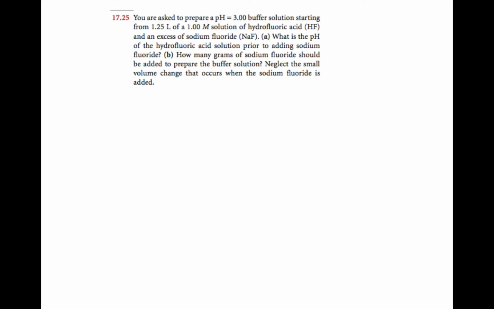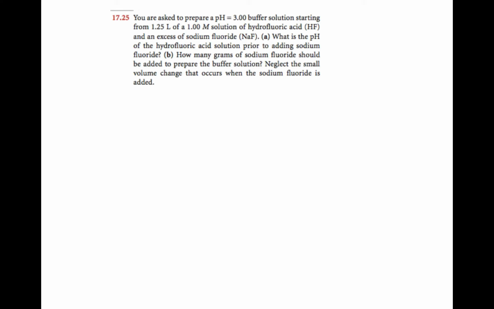You're asked to prepare a buffer at a pH of 3, starting from 1.25 liters of 1 molar hydrofluoric acid and excess sodium fluoride. A: what is the pH of the hydrofluoric acid prior to adding the sodium fluoride?